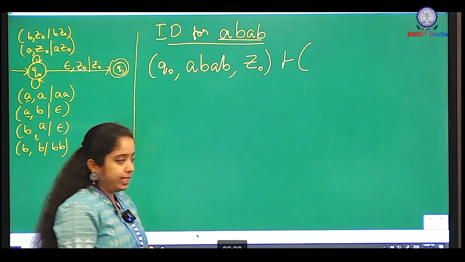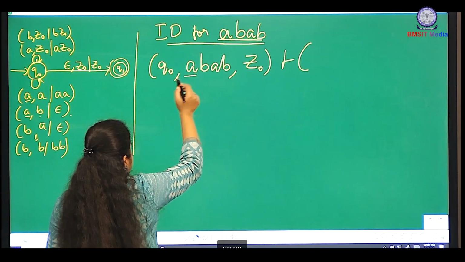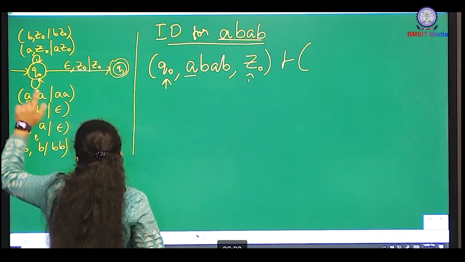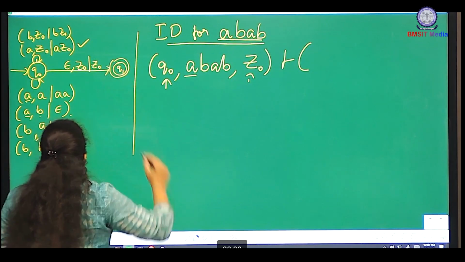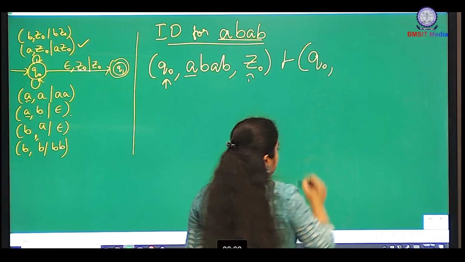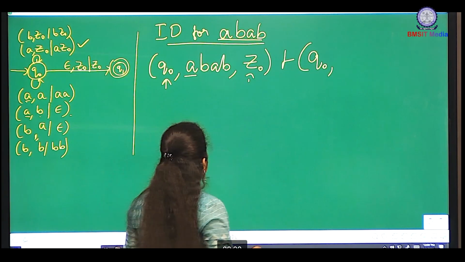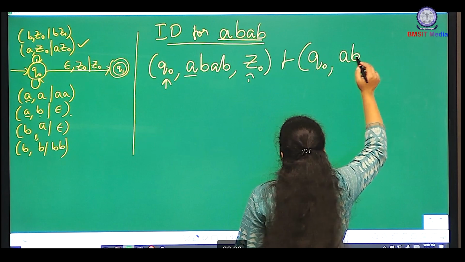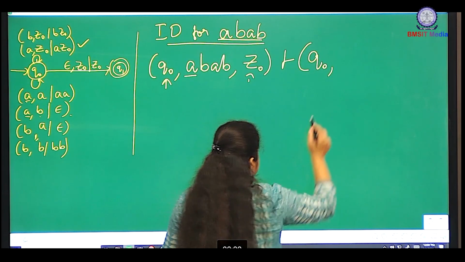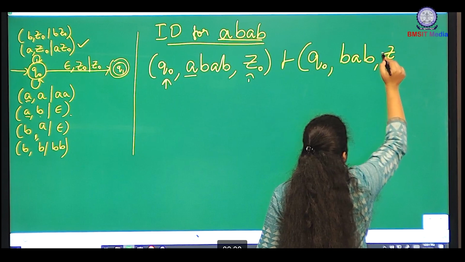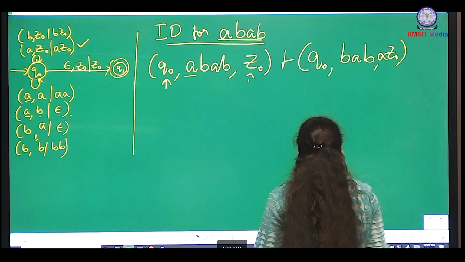So when you are reading A upon Q0 and Z0, you perform this particular transition. You stay in the same state Q0 and A will be pushed into the stack. The remaining string would be BAB and A Z0.